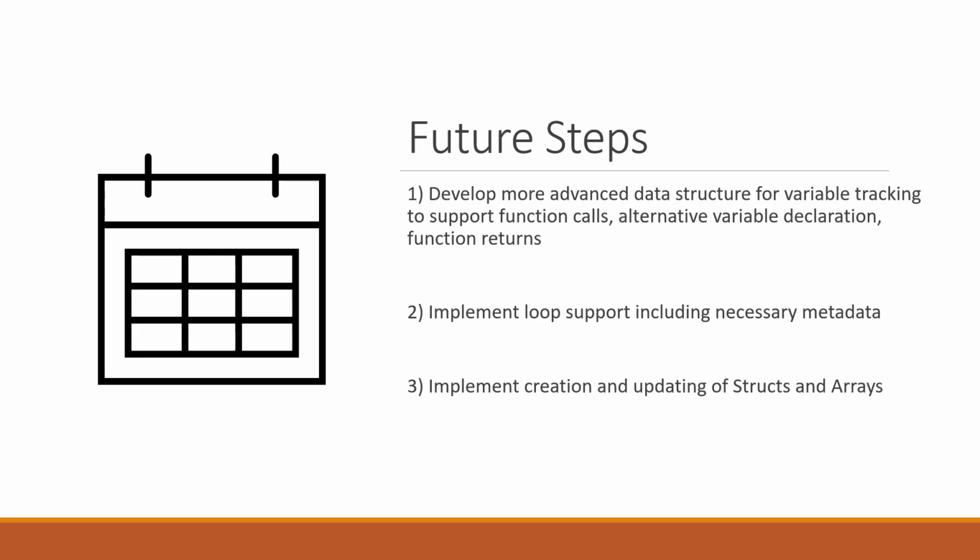After that was completed, I think working on structures like loops and if statements would be the next best step, just because those are most essential for actually having working logic in a program. And then I think once all of that was completed, it would be good to tackle structs and arrays, just because in some ways they are less necessary and also rely more on other components of the decompiler.